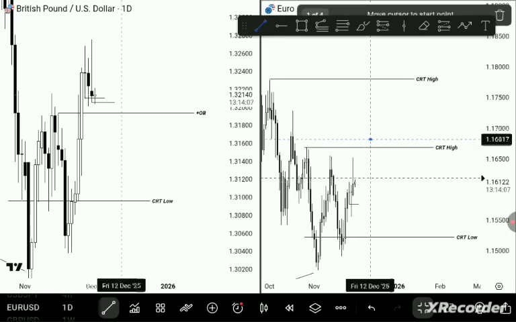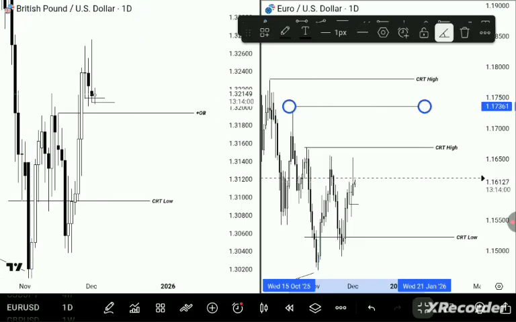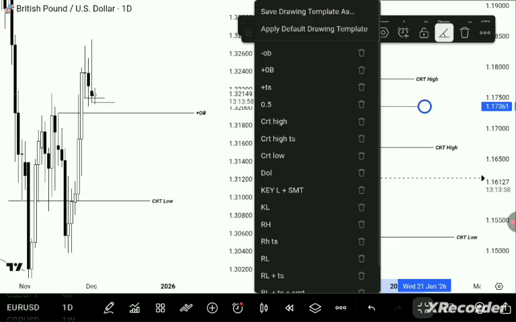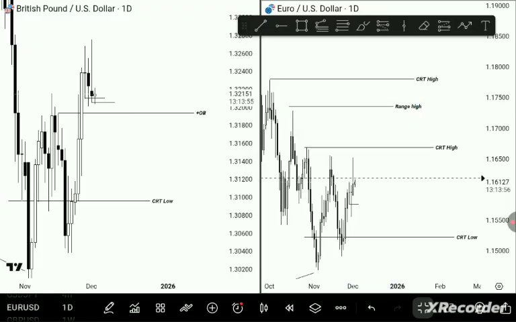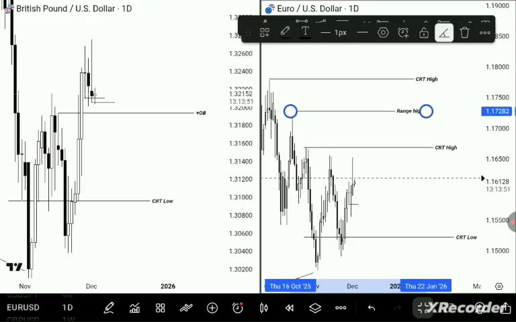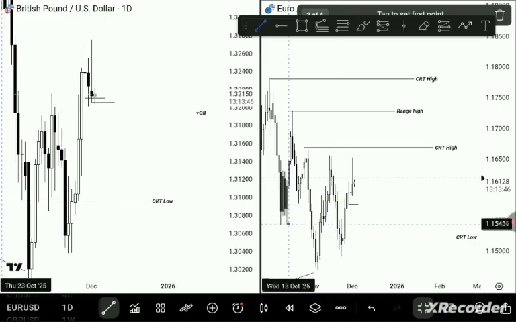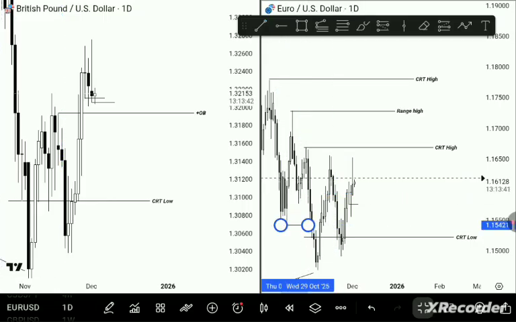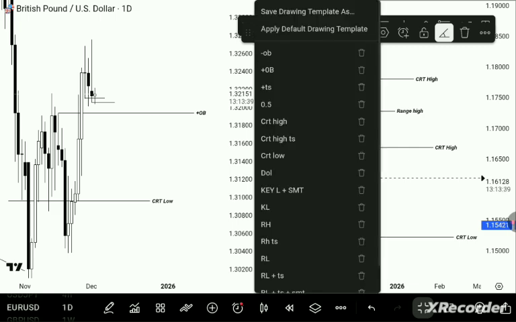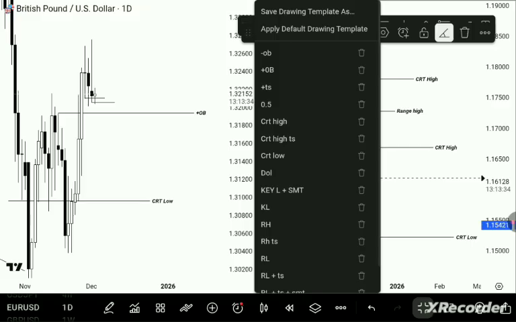We have this range high, and range low right here, which got purged, which was Terosubed.